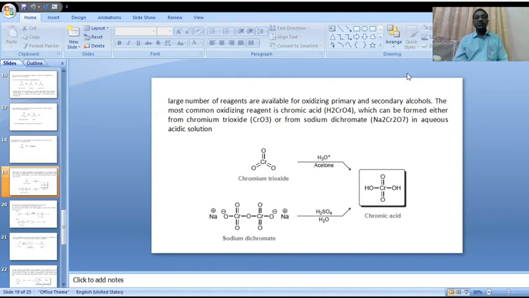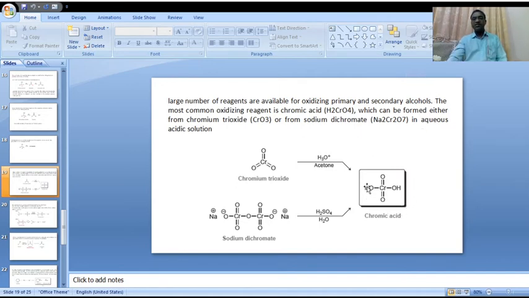Here a number of oxidizing reagents are available. The most common oxidizing reagent is chromic acid. This is the structure.